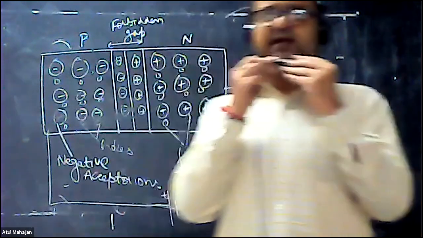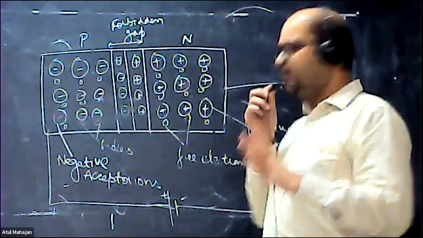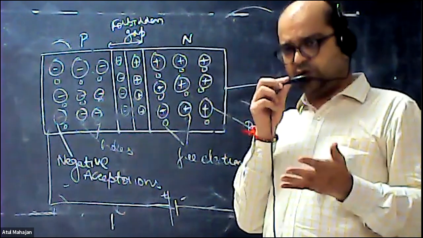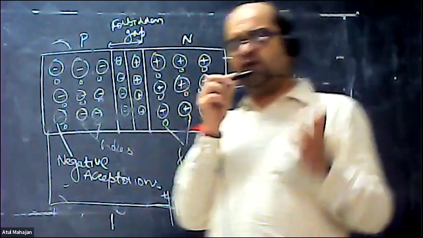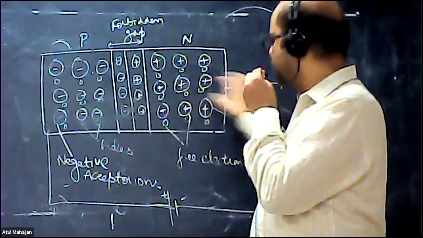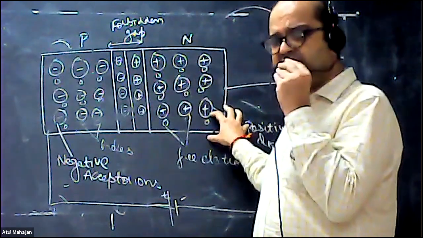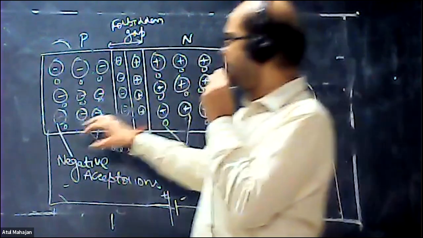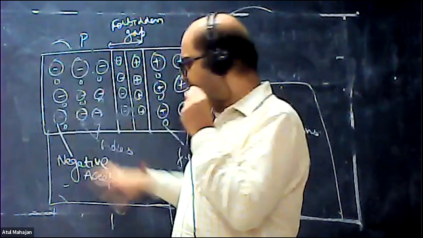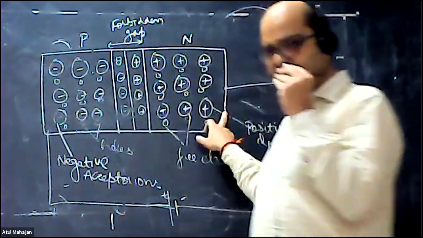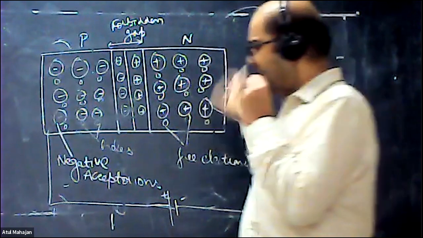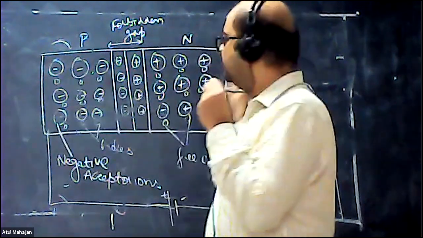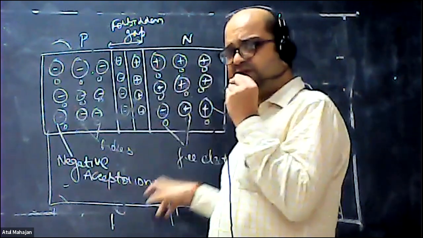When the P side of the battery is connected with the P-type material of the PN junction diode, and the N side of the battery is connected to the N-type material of the PN junction diode, then that is your forward bias. And reverse bias is when you are connecting the P side of the battery to the N-type material, and the N side of the battery to the P-type material.